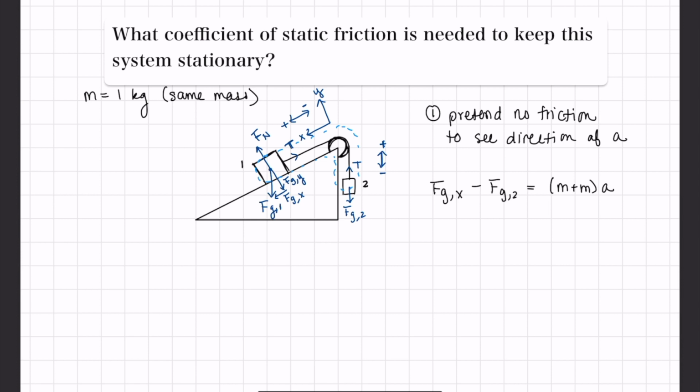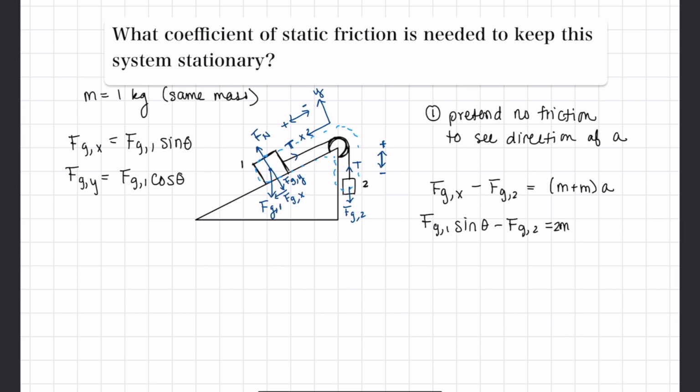Our FGX is equal to FG1 times sine theta. This also comes from the inclined plane video, so I'm just going to write them out. We're going to substitute the FGX, sine theta minus FG2.